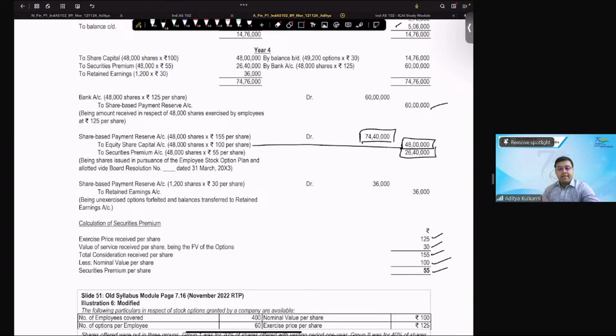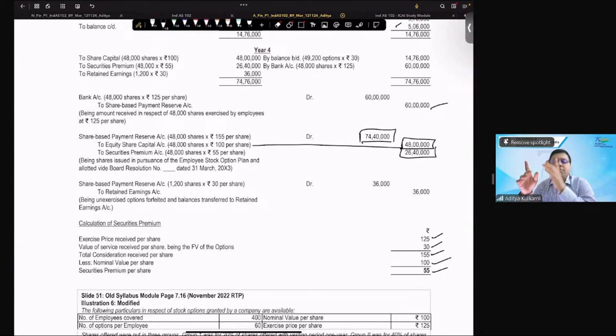Why is 30 added? See, the employee is getting the shares, right, Hemant? To get these shares, what is the employee giving? He has to give a consideration. Employee is paying 125. But is it only 125?